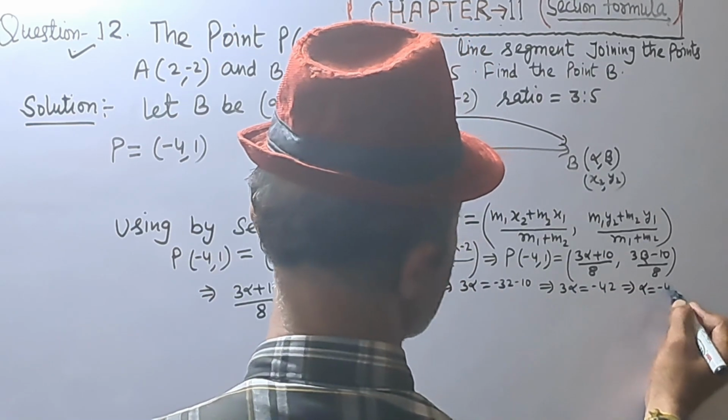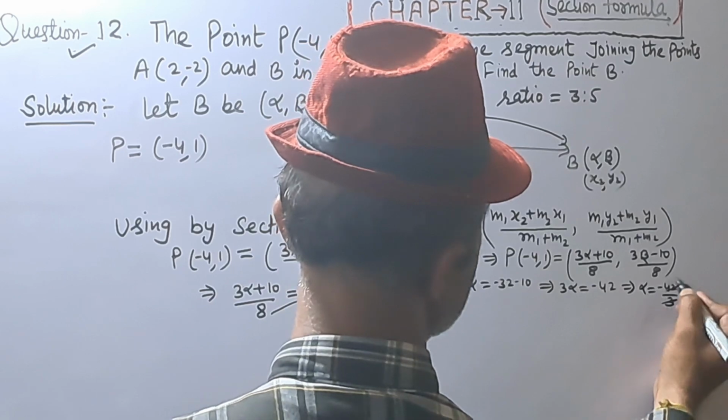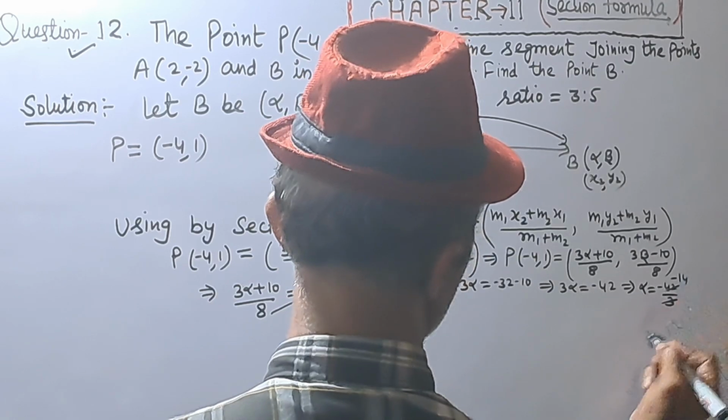Alpha is equal to -42 divided by 3, that is -14.